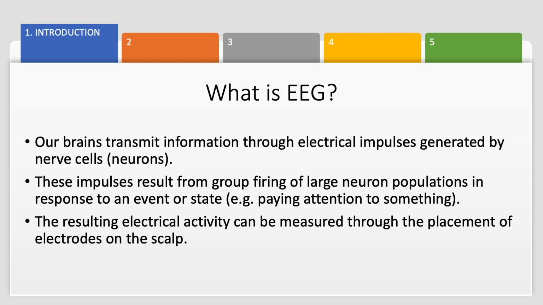Professor Robbins has shown you an image of one. And these impulses that we can capture from the scalp result from large summations of populations of neurons. So a lot of these nerve cells get together in response to an event, which could be paying attention to a task, performing a memory paradigm, or like the habitual task presented by Professor Robbins.